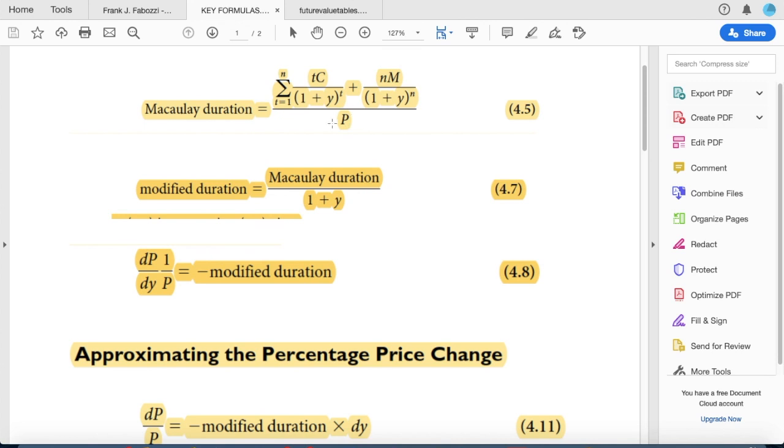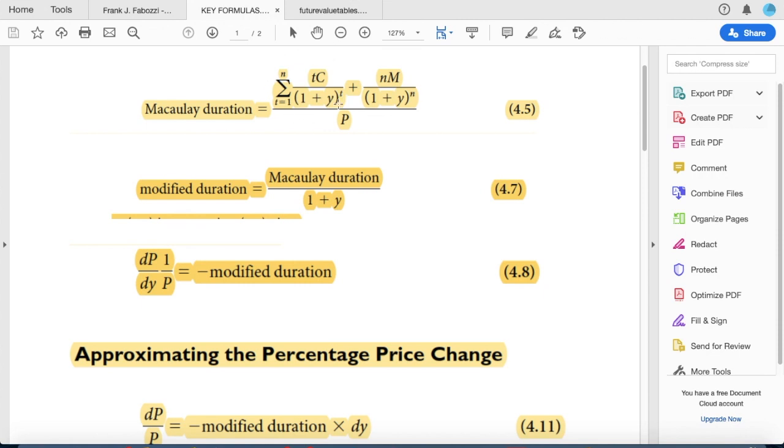So let's compute the Macaulay duration step by step. We'll start by computing the first component, the one related to the coupon. To do so, we need T, which is the time, C, which is the coupon payment, and finally the yield, right? These are the 3 inputs that we need in order to compute the first component.